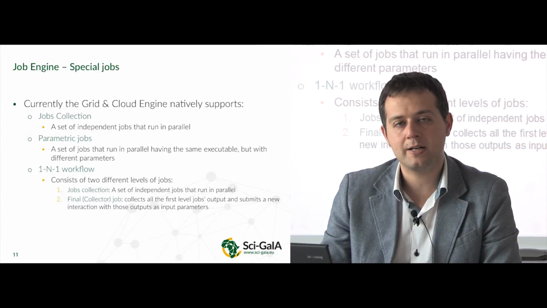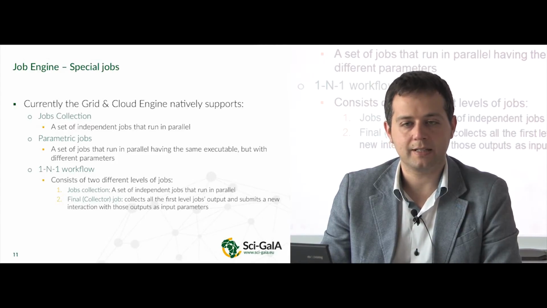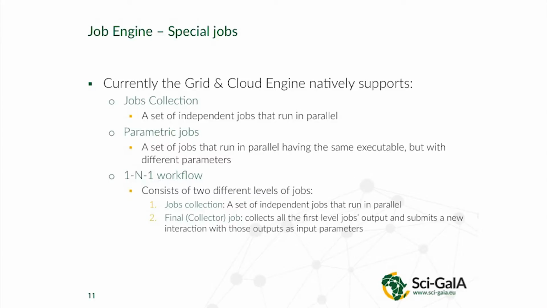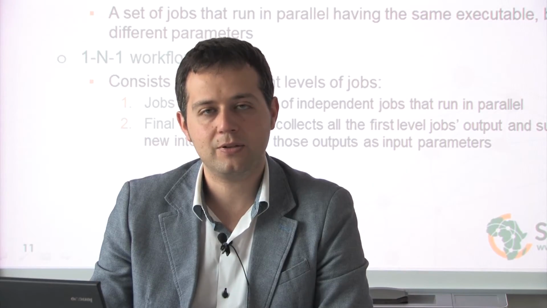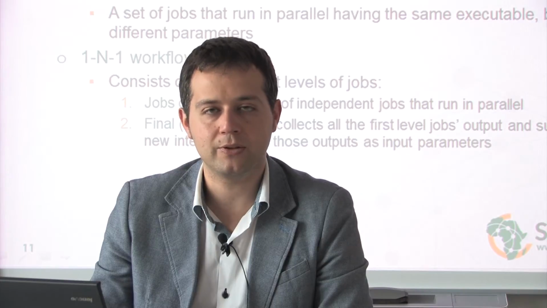A one-on-one workflow consists of two-level jobs. A first-level job that is the job collection, and a final job named collector job that collects all the output from the first-level jobs and uses that output as input of a new job.